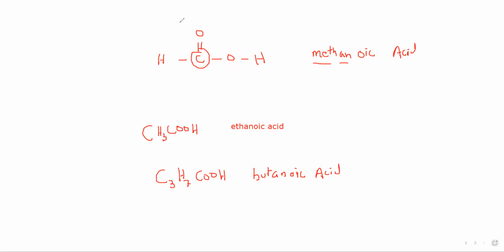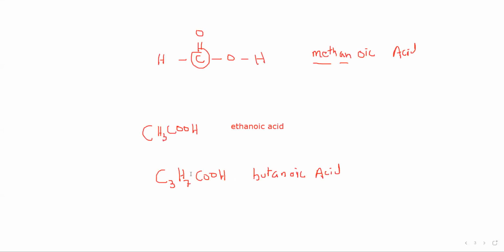Then we have halogens. Whenever we are naming an organic compound, we don't bother about the number of hydrogens. The main structure or the skeleton of the organic compound is based on the carbon, that's why we give priority to the carbon atom. We don't bother about how many hydrogens are present.